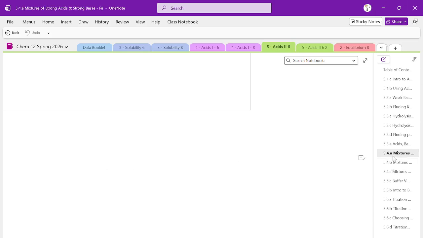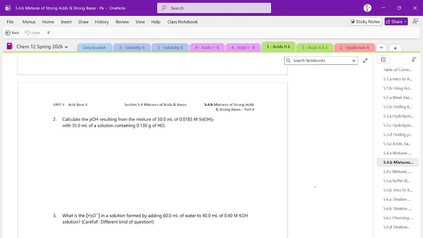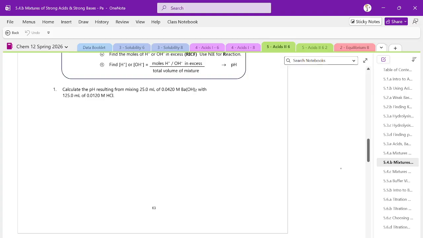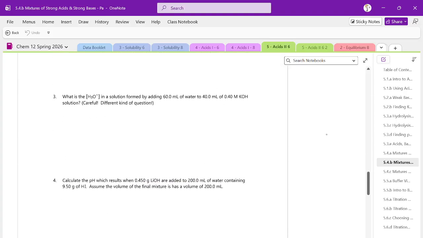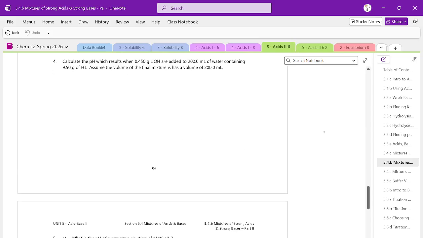And then on page 64, you could do numbers 3 and 4. Okay. And that'll give you a little extra practice with the mixtures of weak, strong acids and bases.